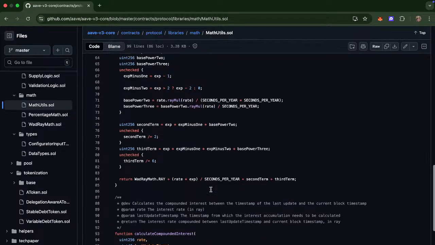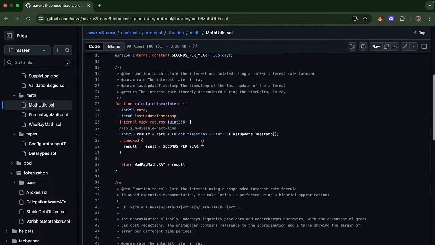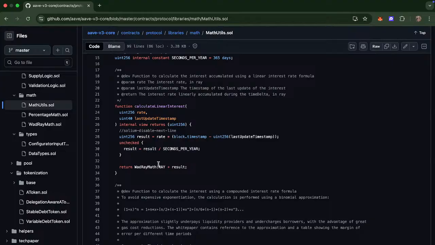But it is using... result will be current rate, let's say 2%, minus the time delta.